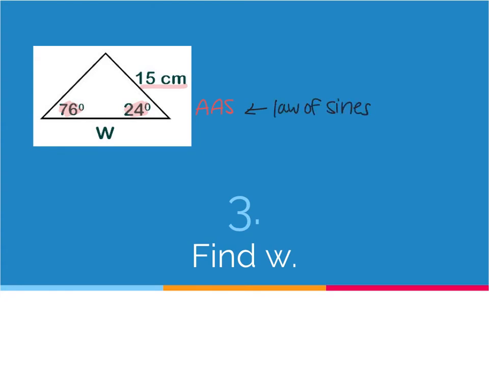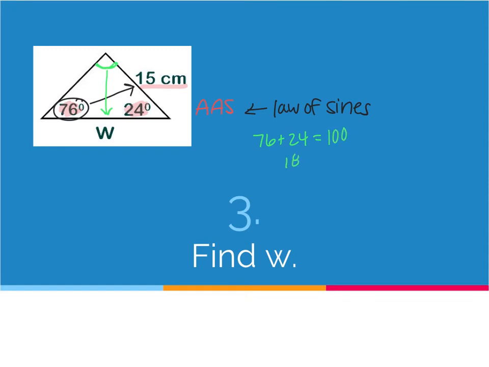As I'm looking at my triangle, I am going to use 76, the sine of 76 over 15. In order to find W, though, I need to know this angle, and we will use side W. We can do that by adding 76 plus 24 to get 100.